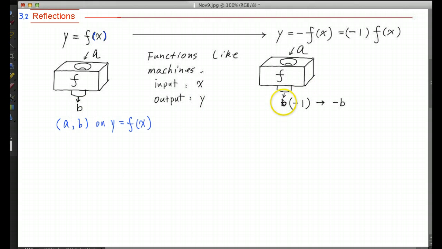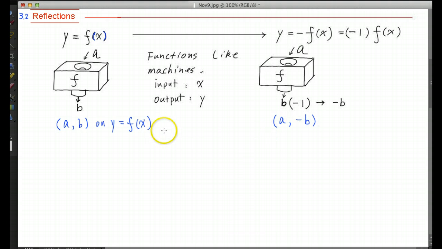But this b is not done yet. It has to go through another process, multiply by negative one, so you produce a negative b. So if you put the same a into this transformed function, a new function, it should produce negative b for you.